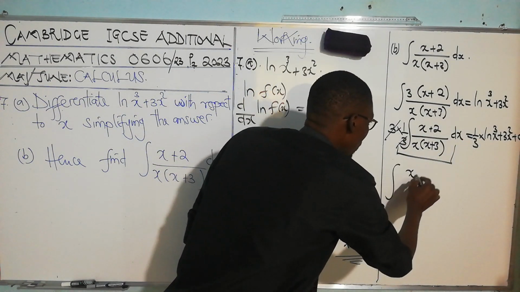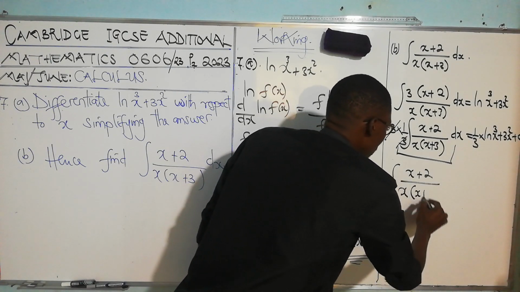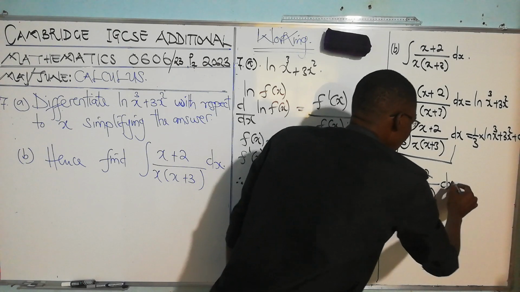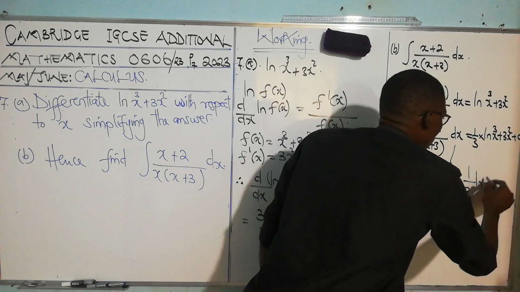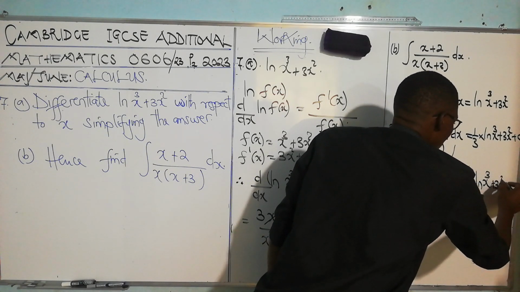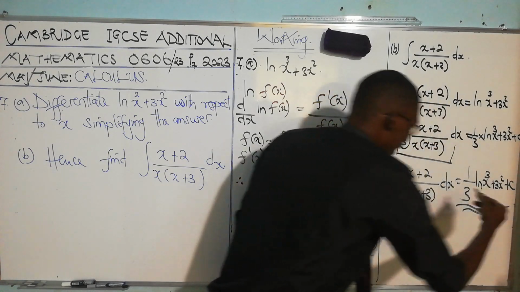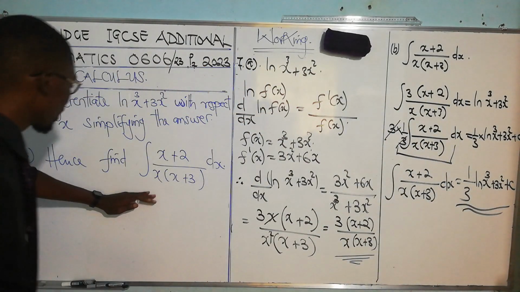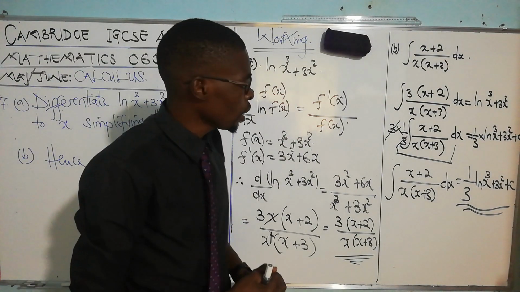The integral of (x plus 2) over x times (x plus 3) with respect to x is going to be equal to 1 over 3 ln of x cubed plus 3x squared plus c. So hence that will be the integral of this particular given function.